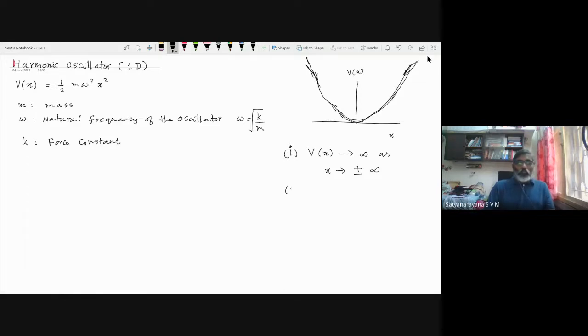Now the second observation that I would like to make is that V of x is invariant under the transformation x going to minus x. That means this is an even function. So V of x is an even function.